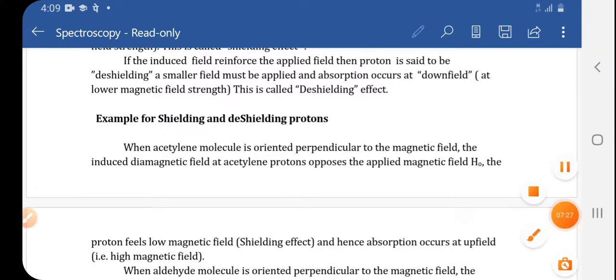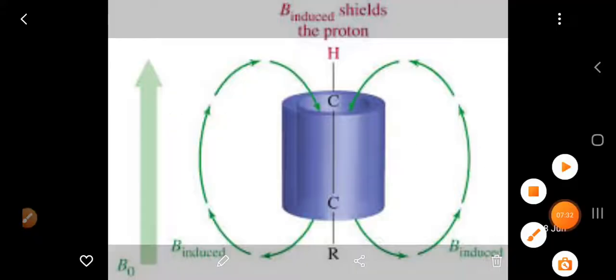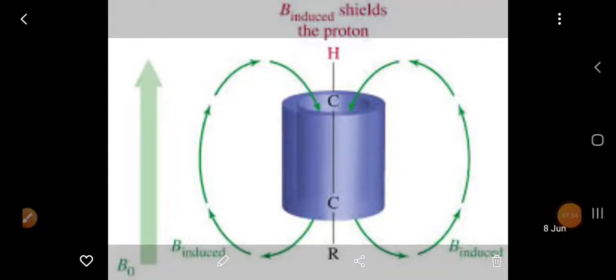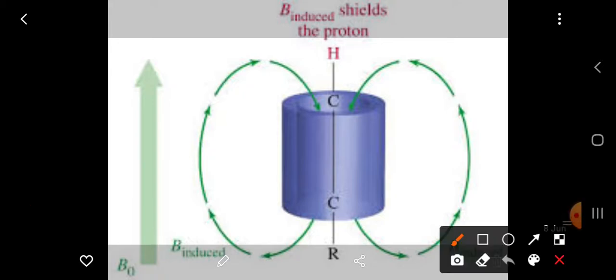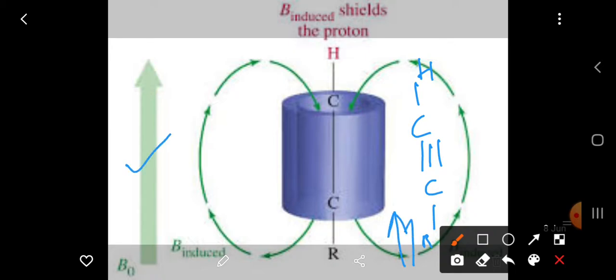When we see the acetylene molecule, here we see the acetylene protons. This is the C triple bond C, here you have the proton, and here the alkyl group is there. When you place the external magnetic field here, this external magnetic field is opposite to the induced magnetic field.